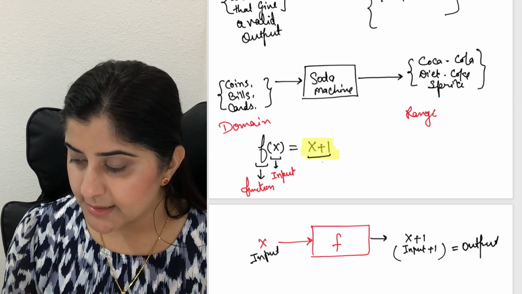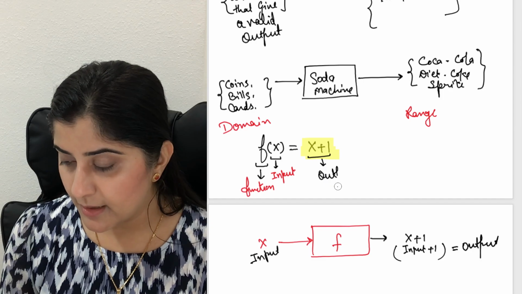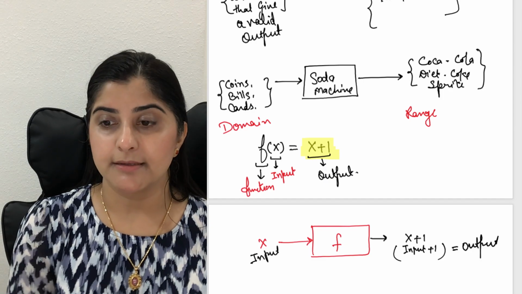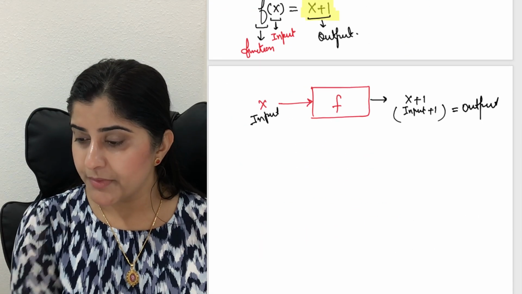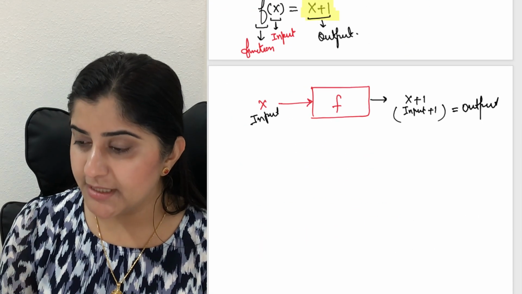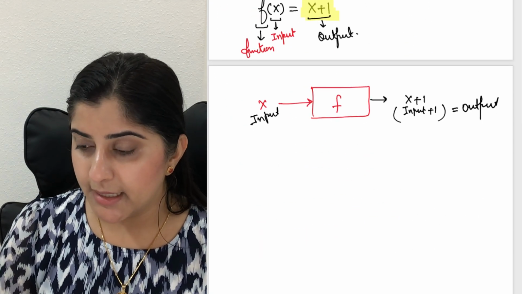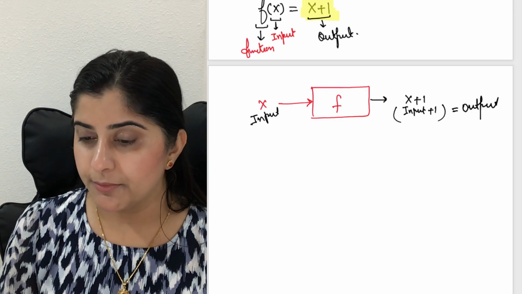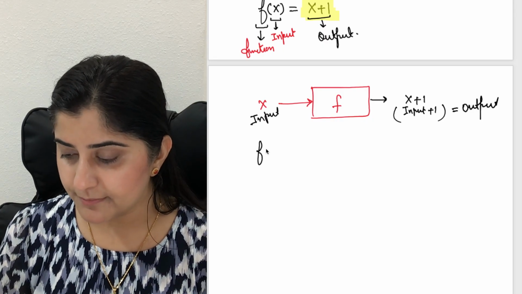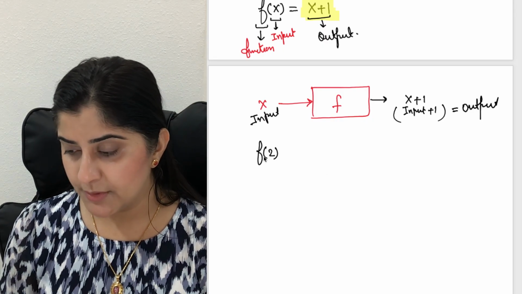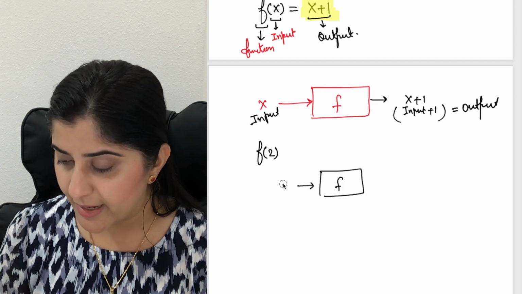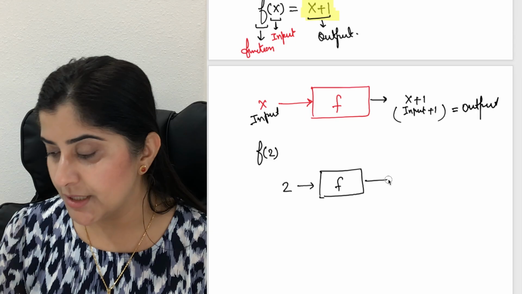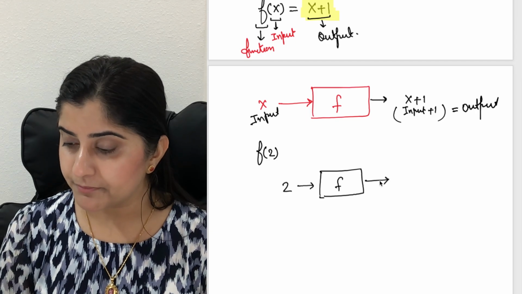This right hand side is the output when you input x in the machine. So if this machine is working like this, let's see what the output is if you input 2 in this machine. What is f of 2? That means when you input 2 instead of x, what will be the output?